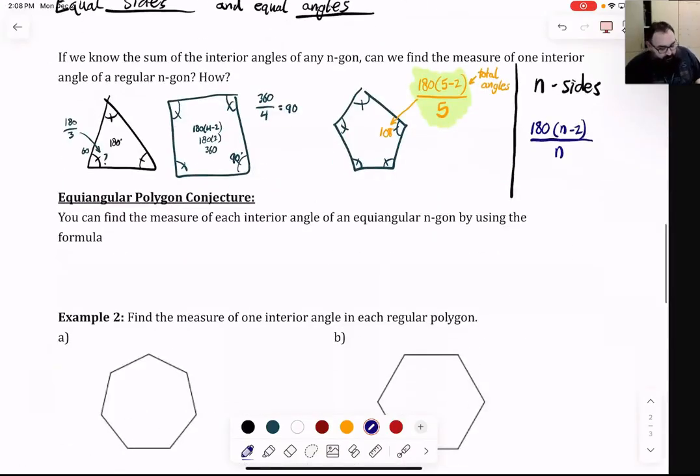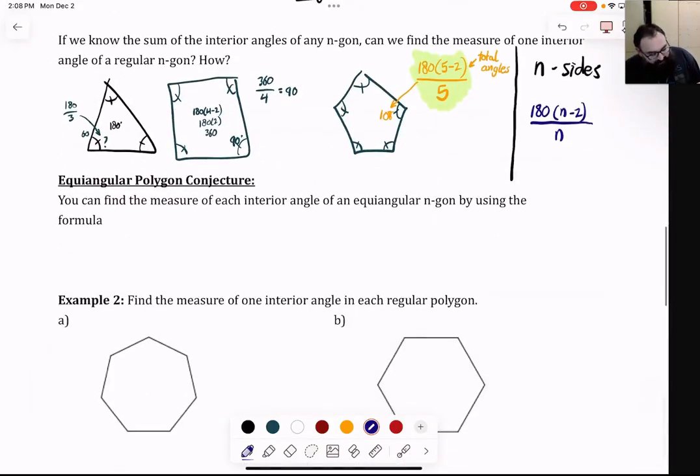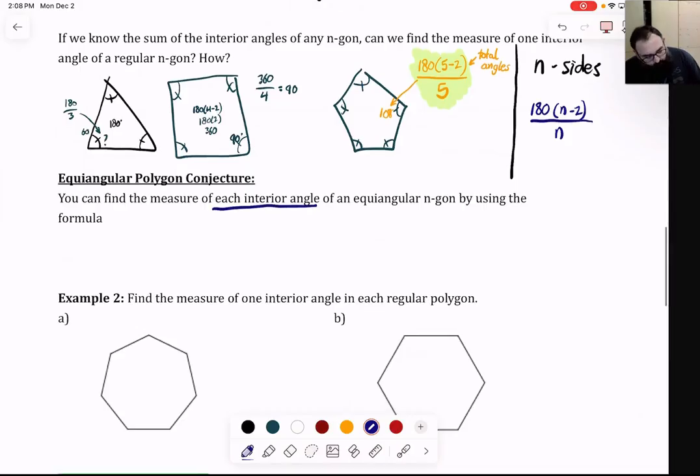So we can find the measure of each interior angle, so just one interior angle of an equiangular n-gon, by using the formula 180 times n minus 2 over n. Sorry, over n. I said n, I said 2, I don't know why.